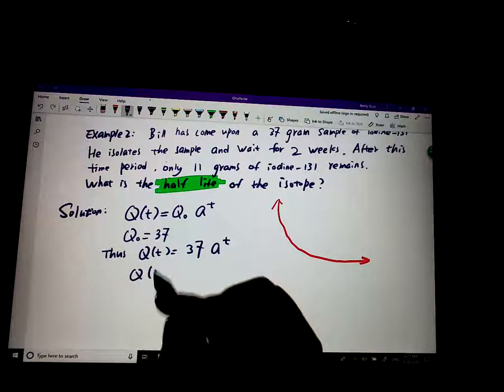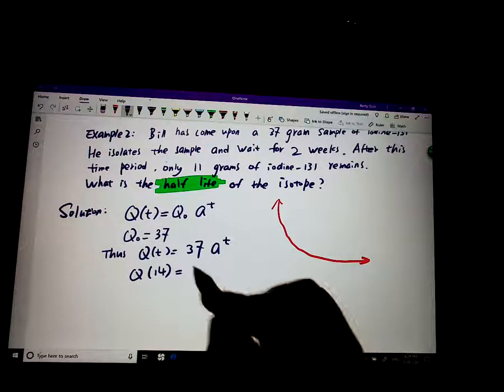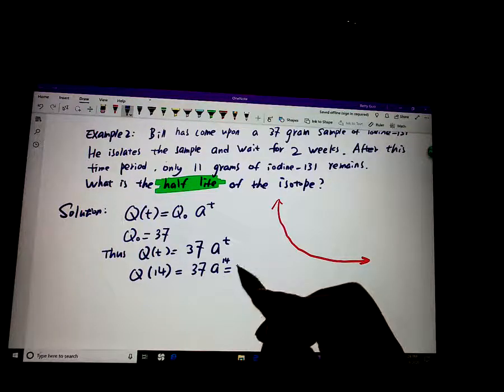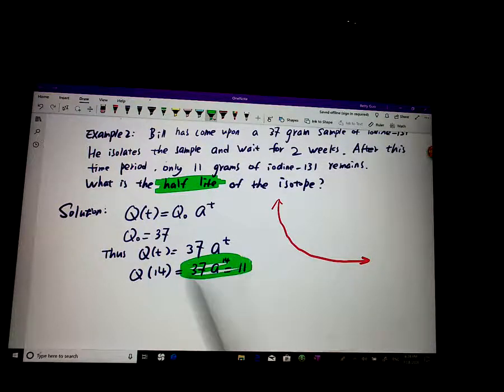Since after 14 days, if we plug in t equals 14, the substance remains 11 grams. Do you see we have this equation? This equation only has the unknown a, so we are able to solve for a.